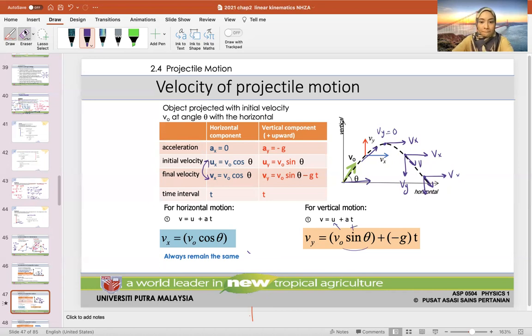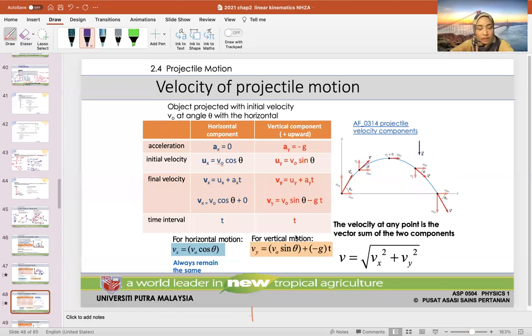So for your vertical motion, you have this component here, minus gt. For your horizontal motion, your a is 0, so there is nothing here. It's just vx equals ux. So your velocity in the x component does not change. What changes is the velocity in the y.